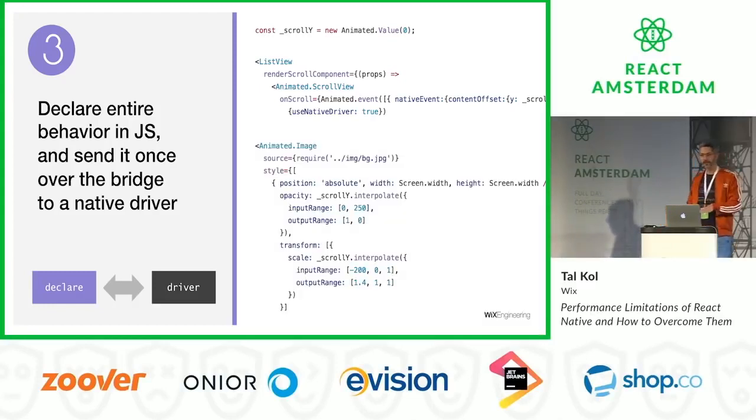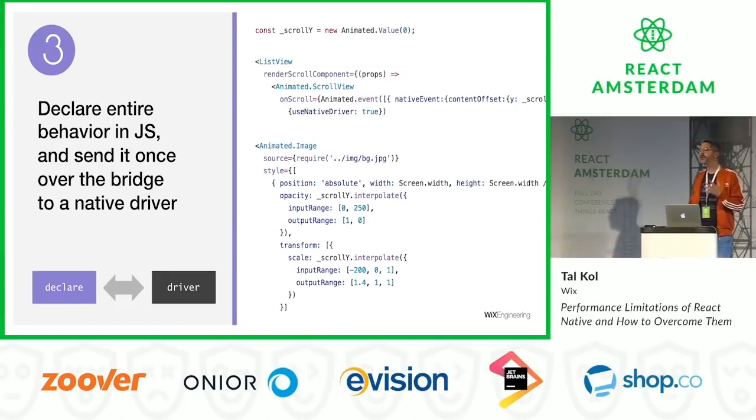We're going to go over this in detail in a minute, so don't worry about the code too much. The image will also have to change. We're going to change the image into an animated image, okay? An animated image is like a higher order component that wraps image, and it will allow us to hook up the opacity and the scale to the animated value as well.